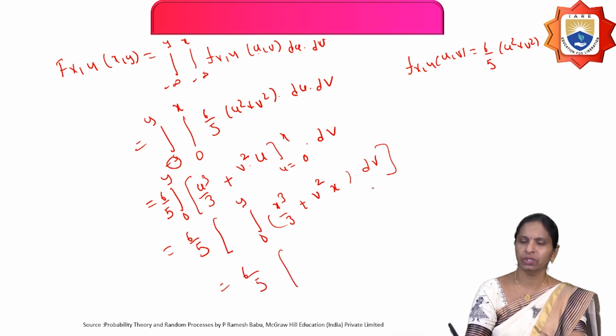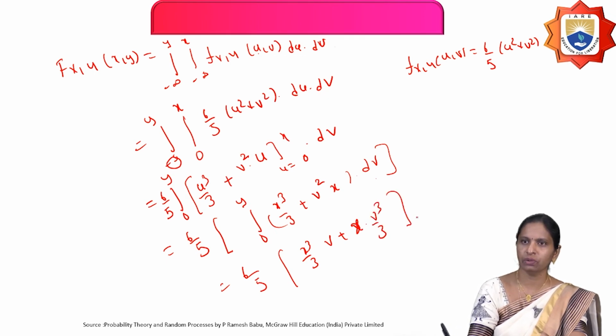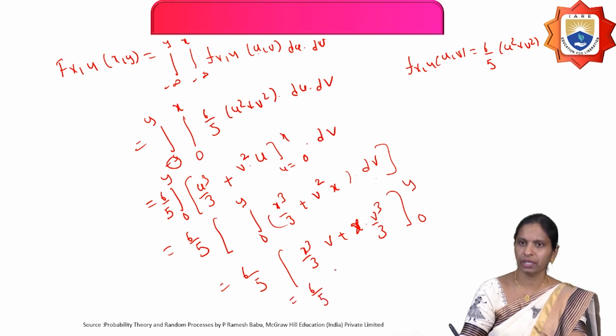Equals 6 by 5. Now you have to do the integration with respect to v. When you do the integration with respect to v, this term x cube by 3 is constant. Integration of 1 with respect to v is v, plus, here x is constant and integration of v square is v cube by 3, with limits of v from 0 to y. Therefore, 6 by 5 into, in place of v substitute y: x cube y by 3 plus x y cube by 3.